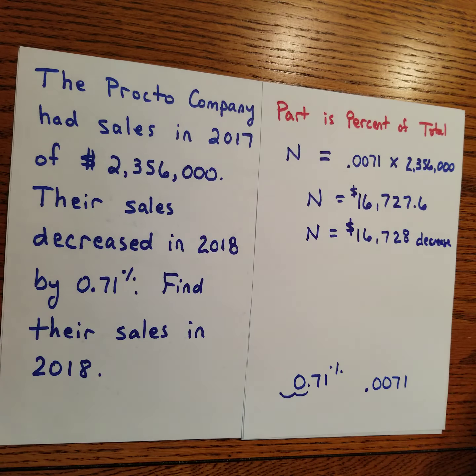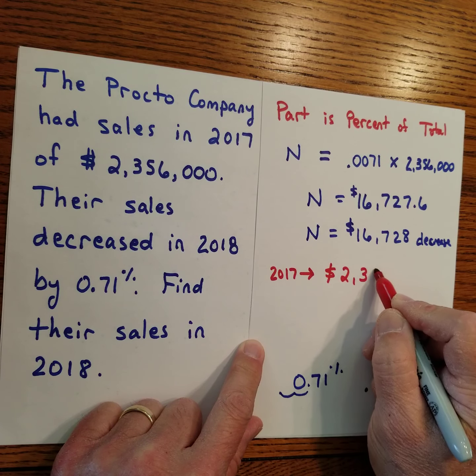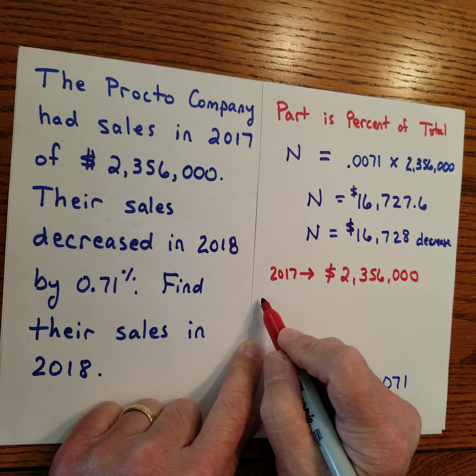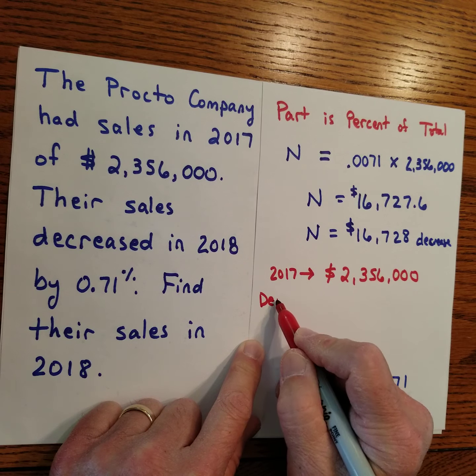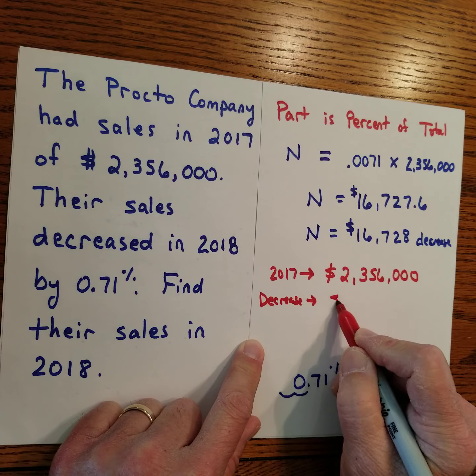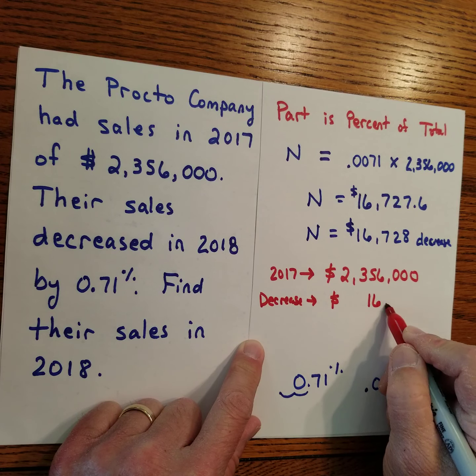Remember, though, this is a two-step problem. The final question is to actually find their sales in 2018. In 2017, their sales were $2,356,000. Then they had a decrease of $16,728.